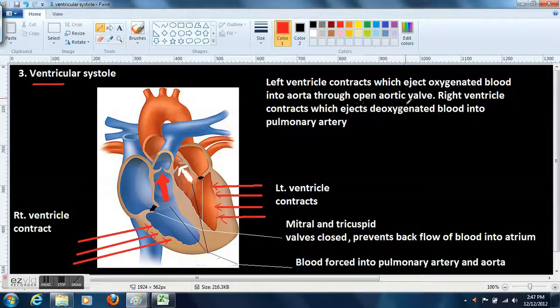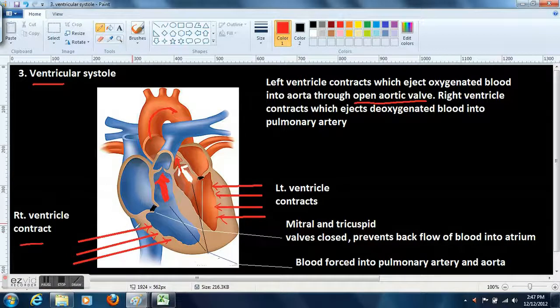The left ventricle contracts, which ejects oxygenated blood into the aorta through the open aortic valve. That is a white arrow, and this is the aorta. So this is the left ventricle, which is ejecting blood into the aorta, and you can see the arch of the aorta with 3 exit points.